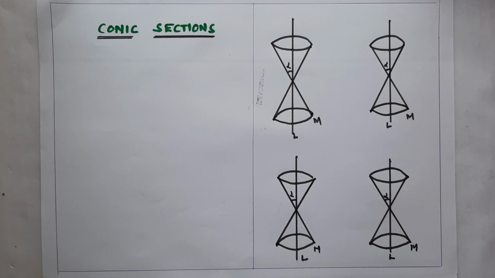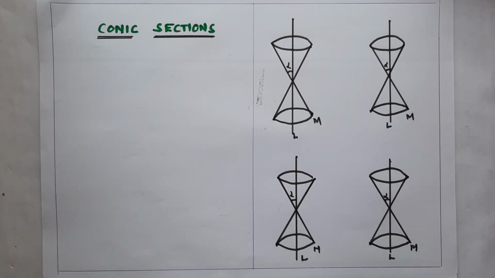So this chapter includes a section of a cone. In these sections, we form four different curves, that is circles, ellipse, hyperbola and parabola. Now we start how to form this section.